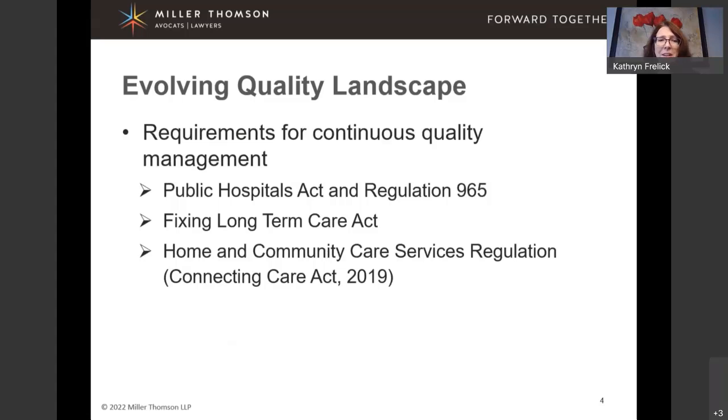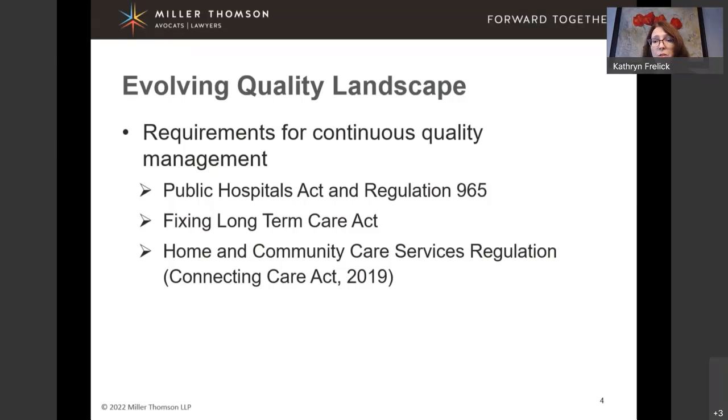There are continuous quality management requirements under a number of different statutes. So under the Public Hospitals Act and Regulation 965, there are various committee structures designed to address quality of care. The Fixing Long-Term Care Act recently came into force, replacing the Long-Term Care Homes Act.